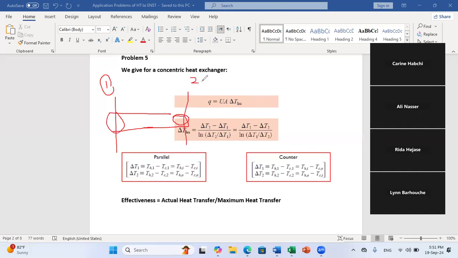And I have two fluids that are moving in the same direction, same sense, one from the inner side, one from the outer side. If I talk about the parallel configuration, at section 1, I have the inlet for both fluids, okay? So for the formula for delta T1, let's say this is the hot fluid, for example. I will call this temperature T hot 1 and this temperature T cold 1.